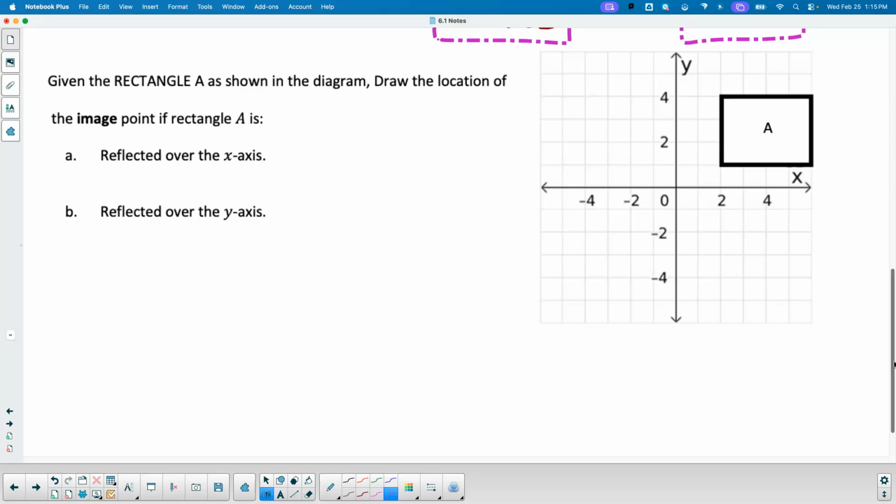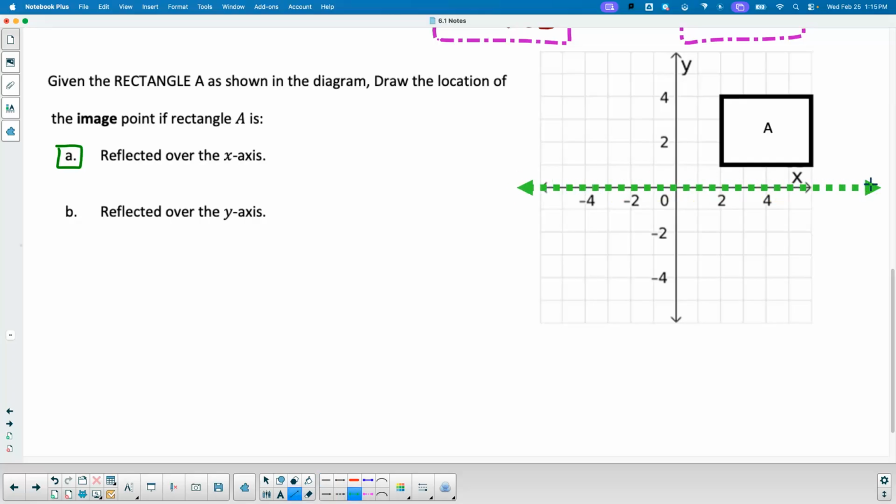Let's talk about reflection first, because that's what we've got here. In letter A, we want to reflect the rectangle over the x-axis. The x-axis is this axis down here.